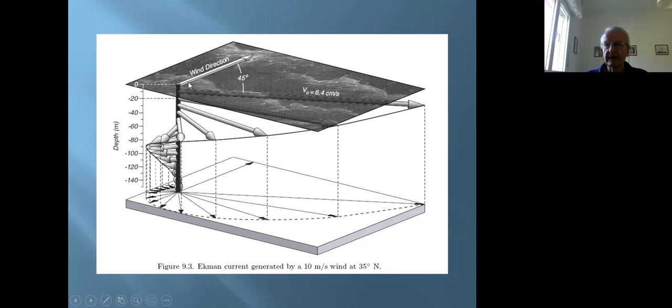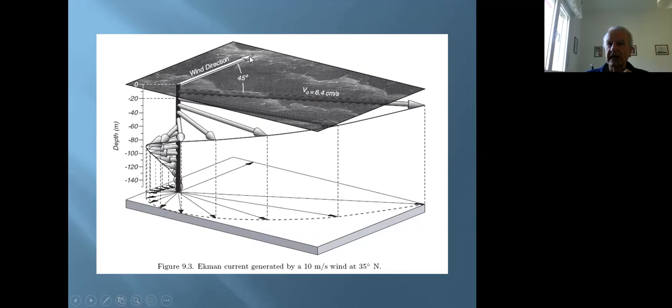And if we have the wind direction, the current is about 2% of this, so if you assume this is 6.4 centimeters per second, generated by a 10-meter wind at 35 degrees north, then a certain percentage of this wind speed is the flow.